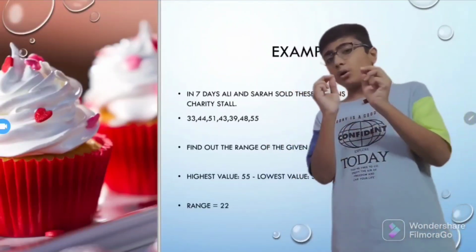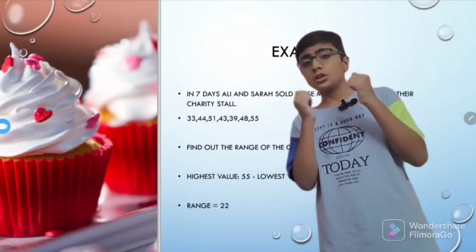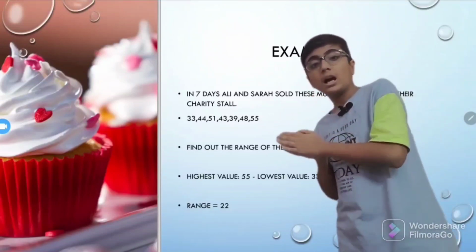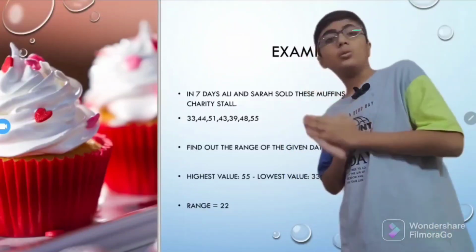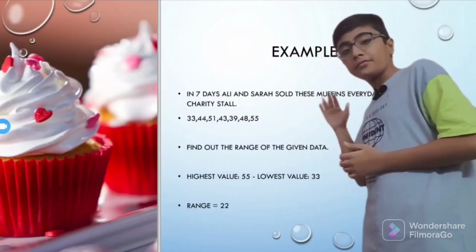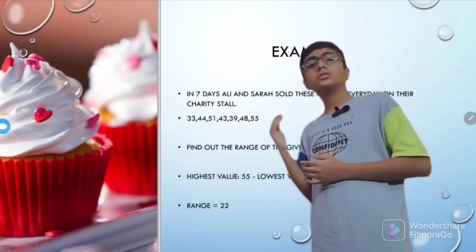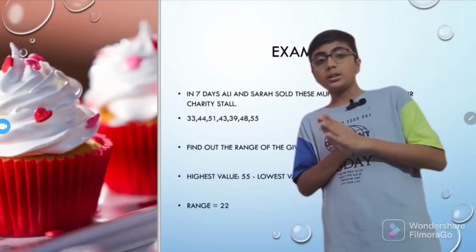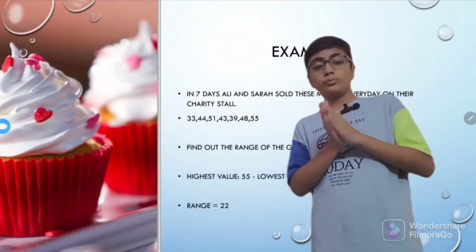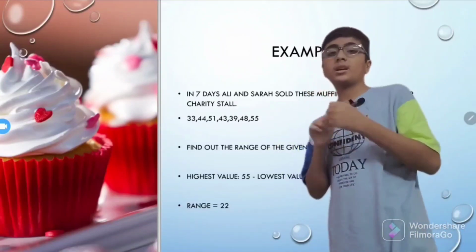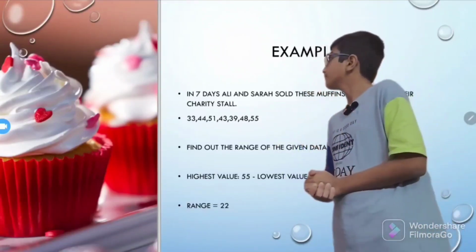In order to find the range, first of all, we have to find the highest and the lowest value. The highest value is 55, the lowest value is 33. We have to subtract them, which equals 22, which is our range.